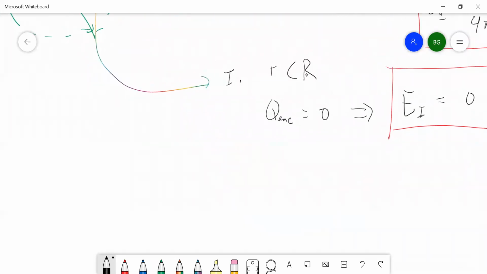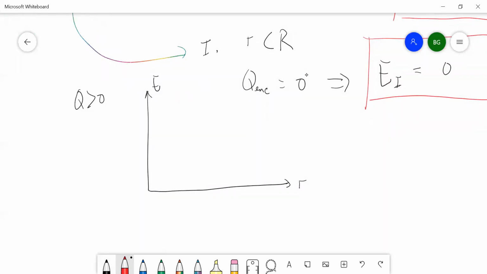So if we draw the electric field in this case, we have E in the vertical axis and r in the horizontal axis. Let's say Q is positive.